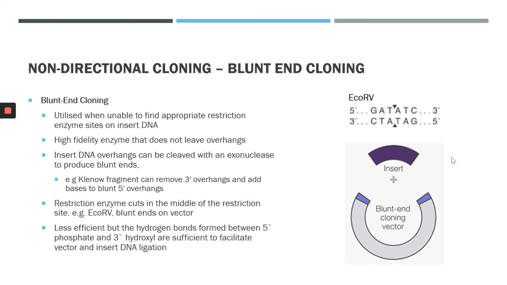Due to the fact that there are no overhangs in this technique, it is less efficient than TA cloning. However, the hydrogen bonds formed between the 5' phosphate and the 3' hydroxyl are still sufficient to facilitate an interaction between vector and insert DNA and allows for the DNA ligase to ligate the two fragments to each other.